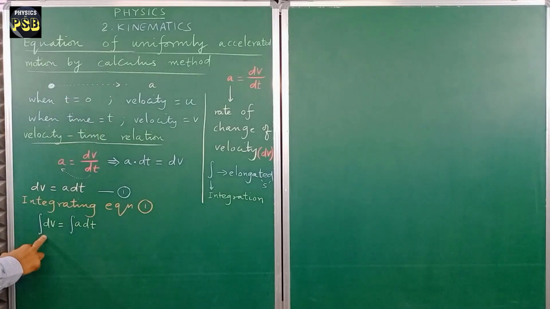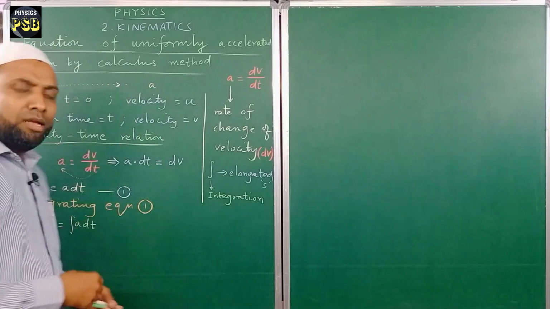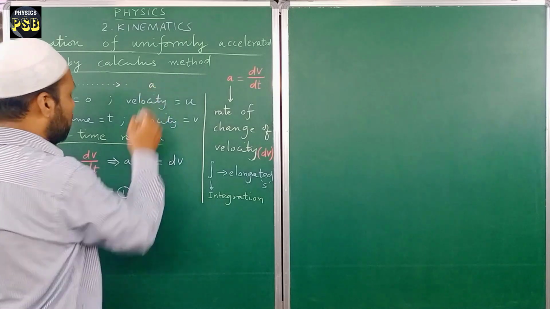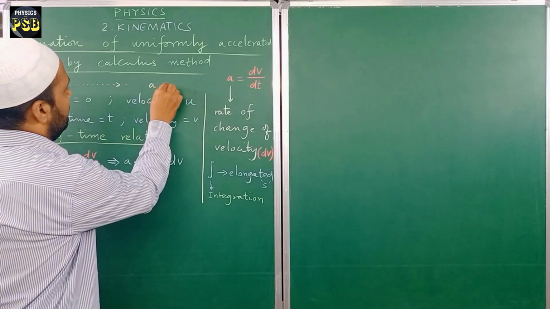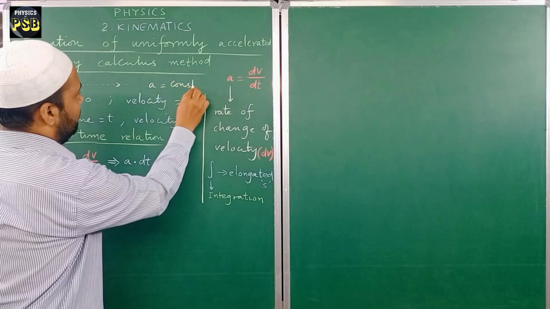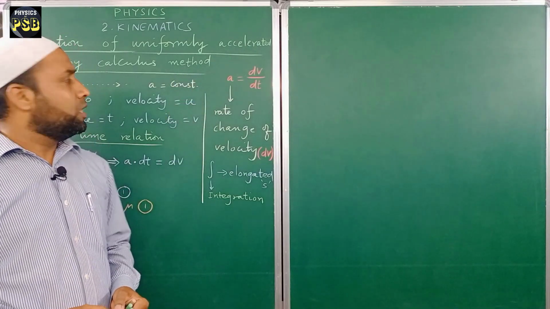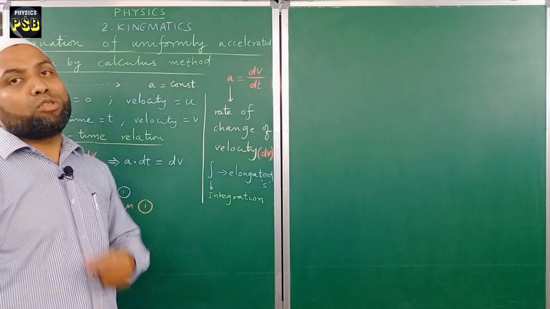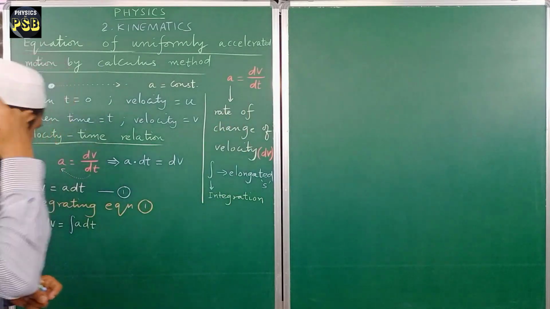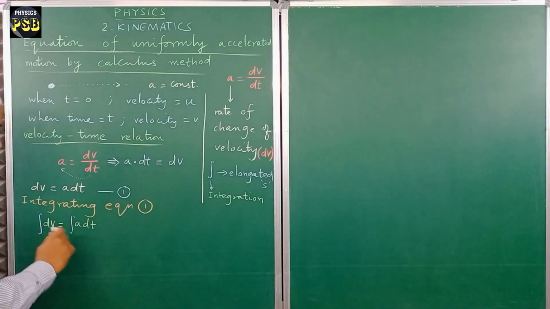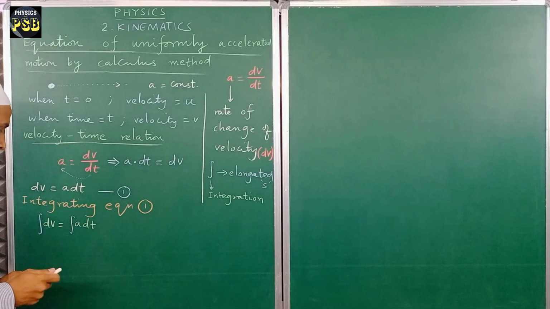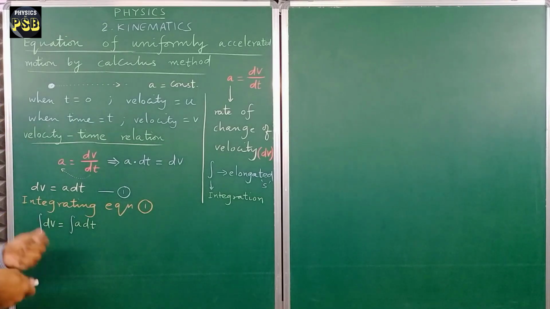So these two are variables. The only constant here is a. I told you a is a uniform acceleration, which means it is a constant. When I say acceleration is a uniform quantity, it means it remains the same throughout the motion of the object. So we do not integrate a constant, so it has to be taken out.